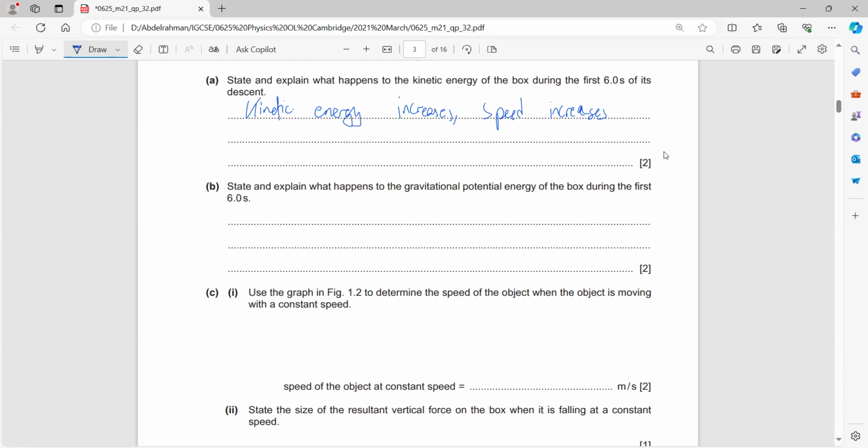It's falling towards the ground. The distance between the box and the ground is decreasing. So gravitational potential energy decreases because the height above the ground decreases.